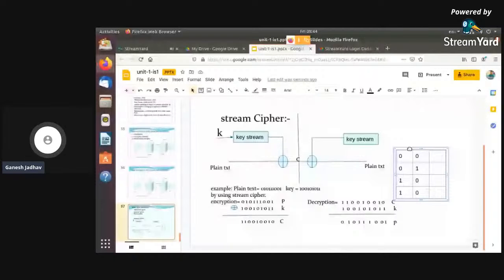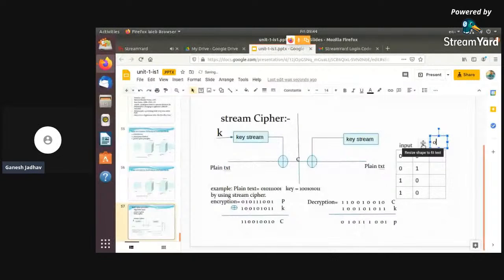We insert a text box also here: these are the input and this is the output.